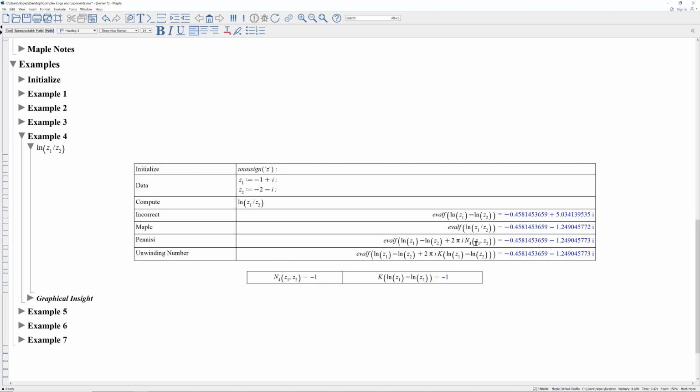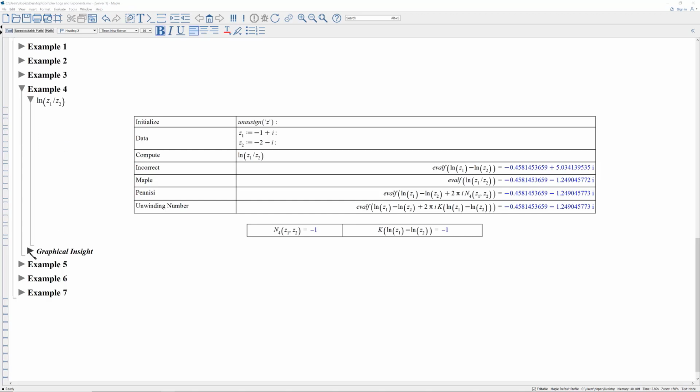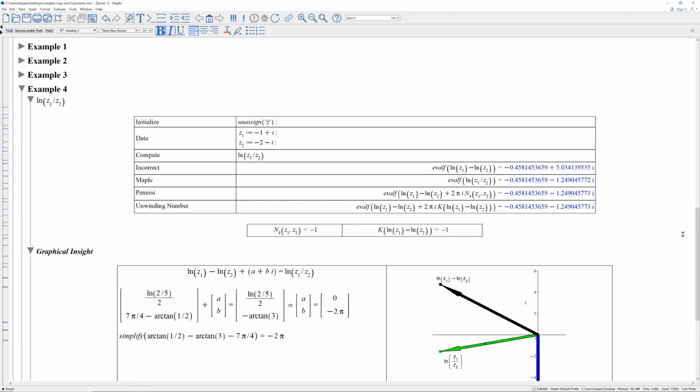This is the Panisi adjustment, N4, and if you look at what the value of N4 is, it's -1. This is the unwinding number adjustment. It also is -1, and clearly they give you the correct answer. Well, can we get some graphical insight as we've been doing?